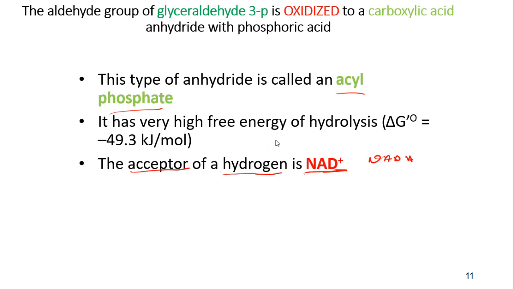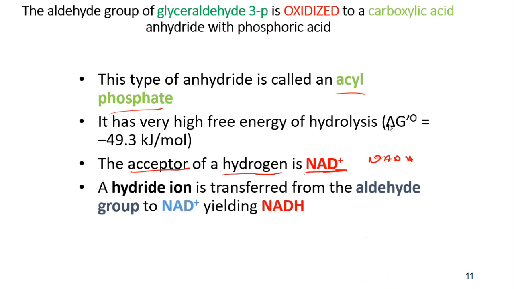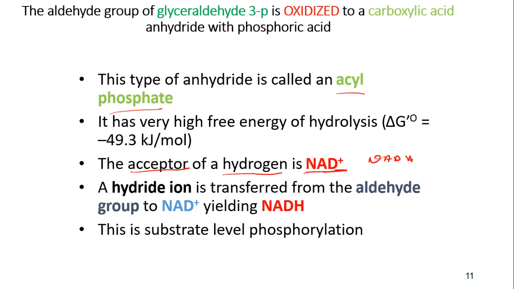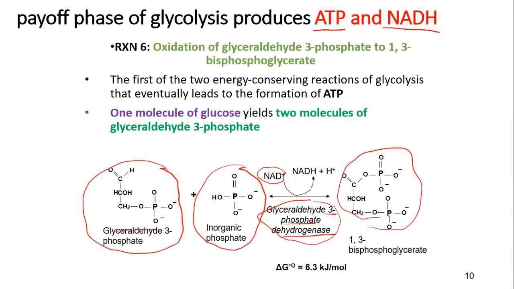So when the hydrogen reacts with this guy, it's going to produce what? NADH. And this is substrate level phosphorylation. Let me quickly look back at reaction number 6.